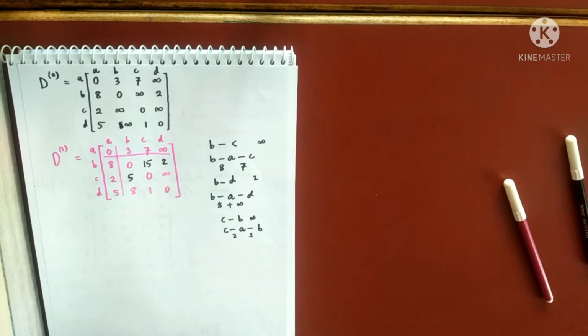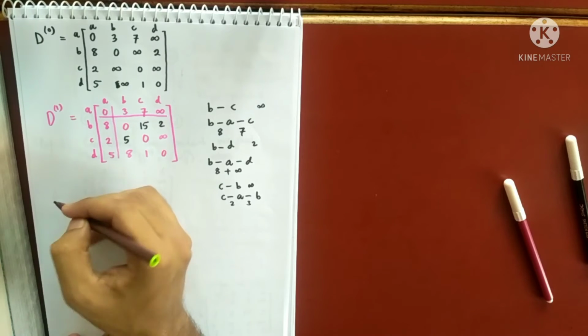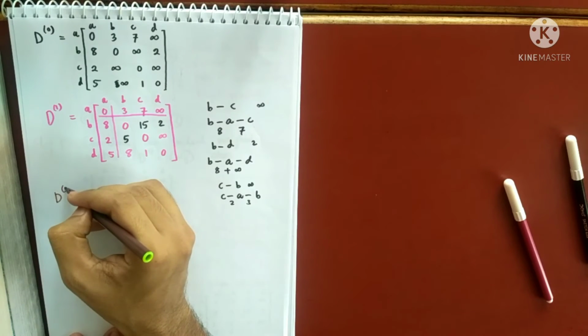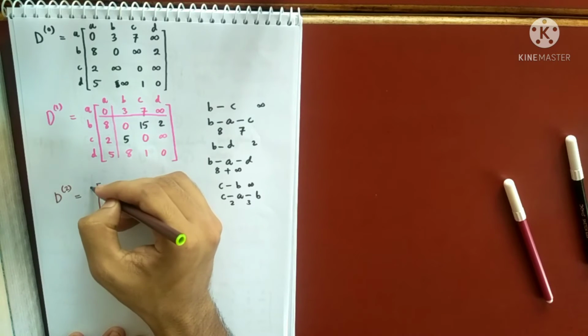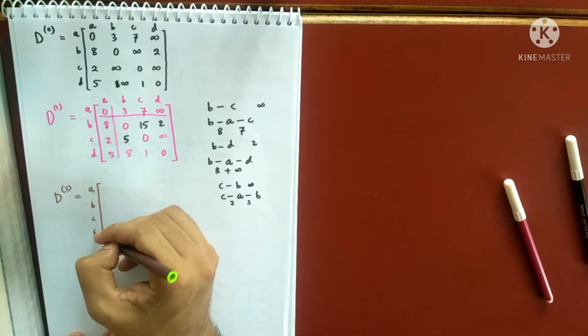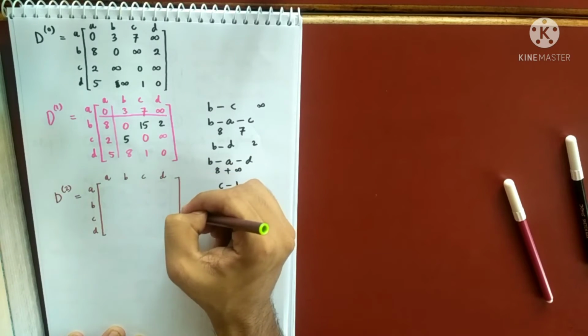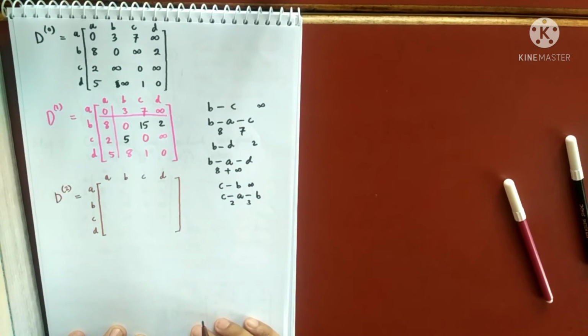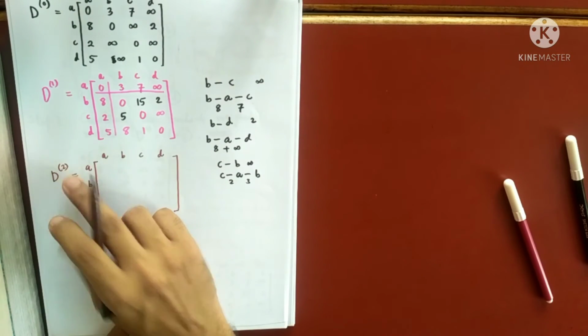Am I clear? So now let's go for constructing the new matrix D2. A, B, C, D, the names of the vertices. Now what will not change? The second row and second column will not change this time because we are going via the second vertex.